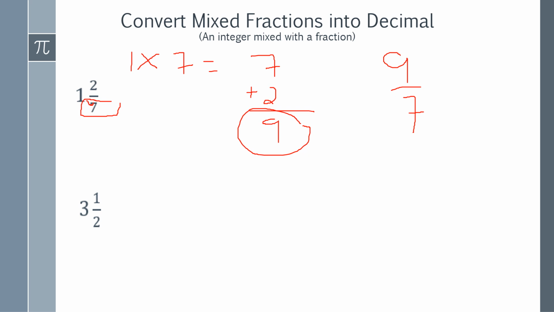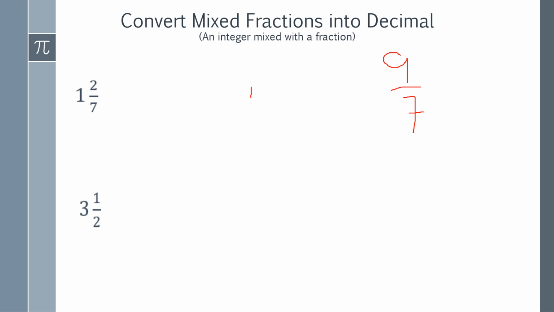So now that we have our improper fraction, 9 over 7, we can just follow the same rules we followed in our previous examples, where we place the denominator on the outside, and we put the numerator on the inside.